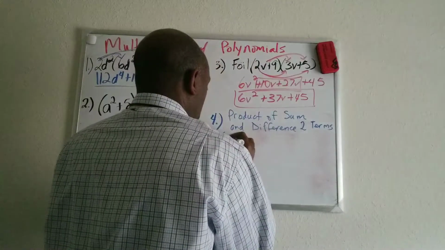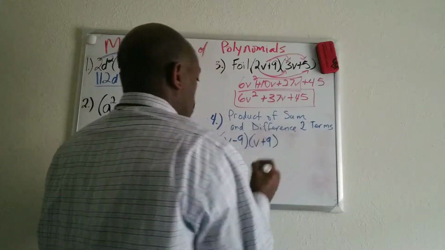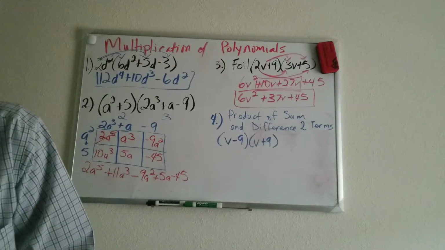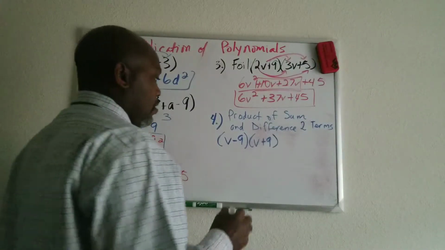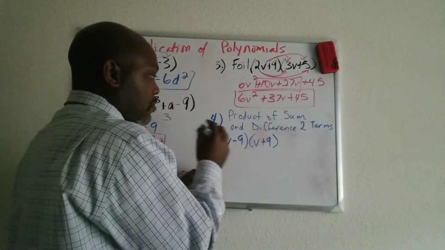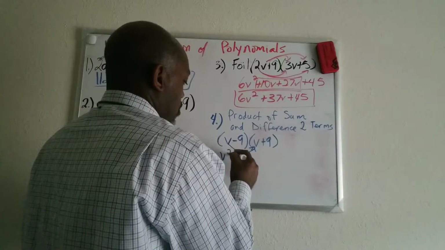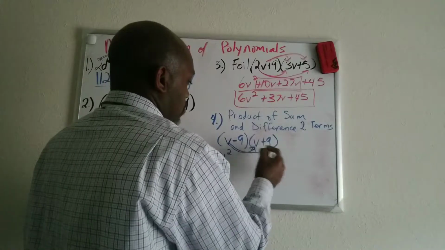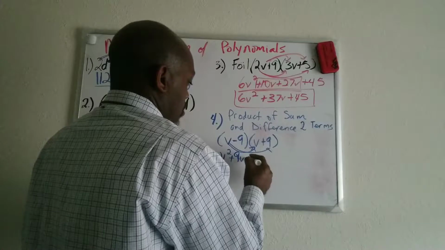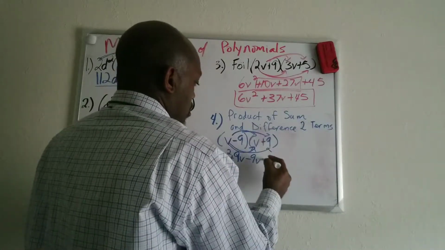So for example, if I have v minus 9 and v plus 9, I know I can use the box model or the area model, but I can also say, okay, first is v squared, outer is plus 9v, then minus 9v because of the inner, and then the last would be negative 81.